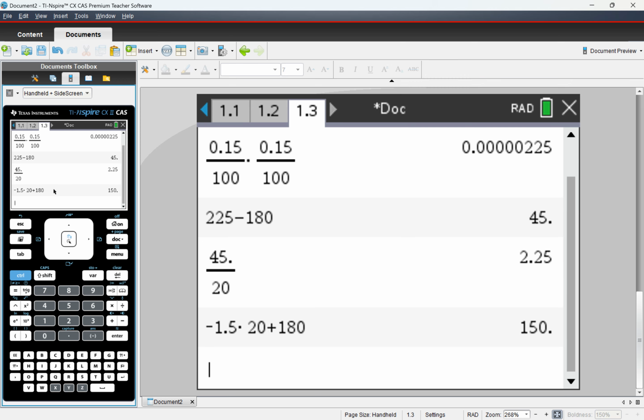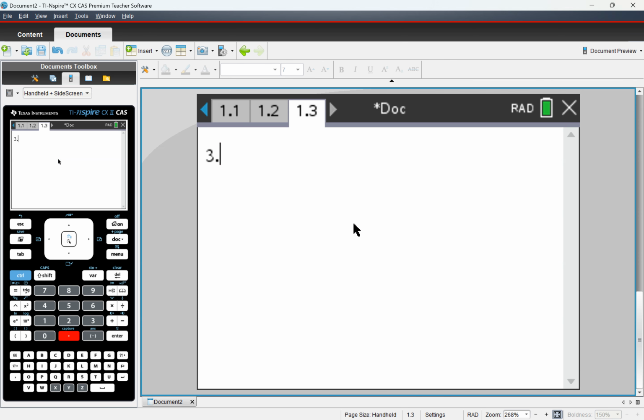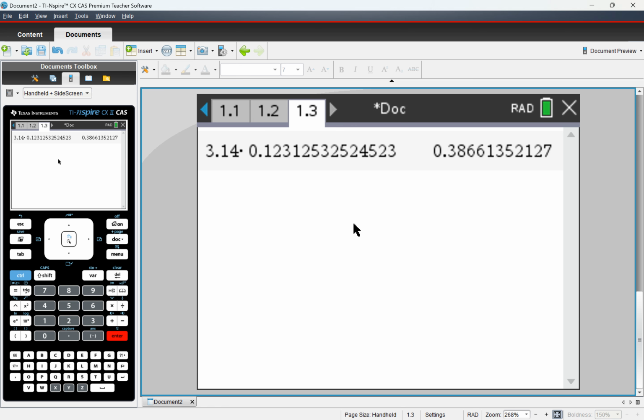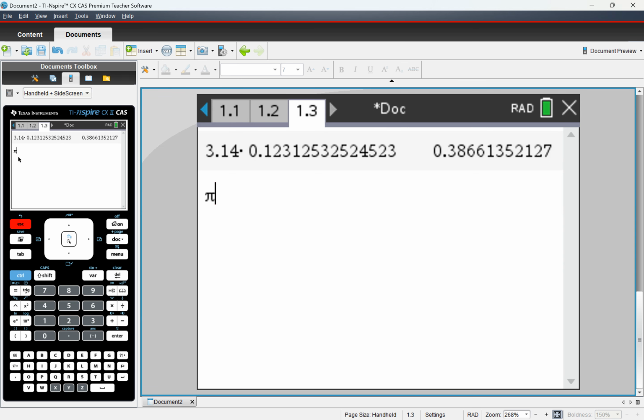You see, if I took the numbers now, see what happens when I do 3.14 times 0.1234. I'm just going to make up these numbers here. Yeah? That's my answer. But then if I take pi, oops, yeah, that's pi, and I times, oh, now I have to copy it down, times 0.1231253252453.